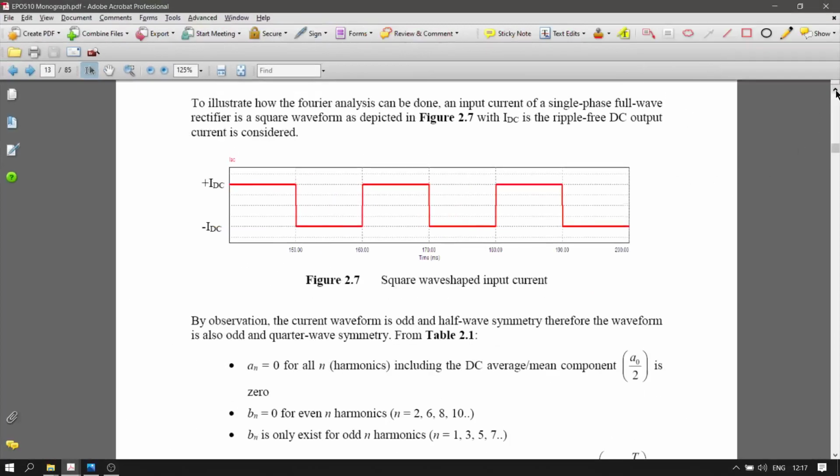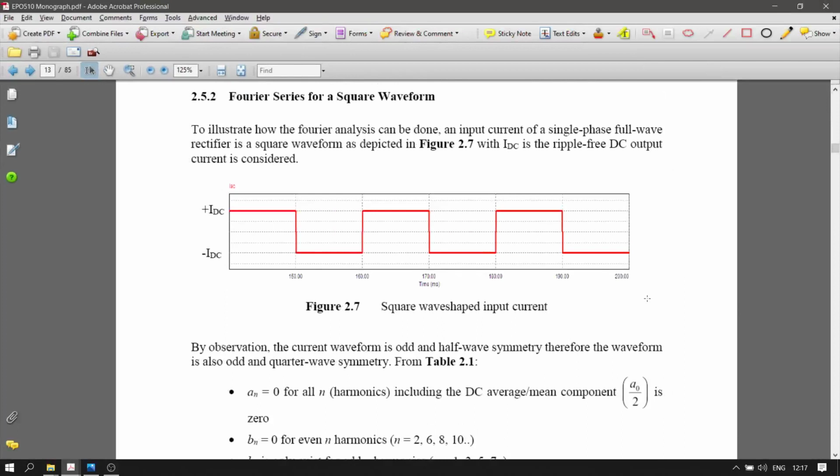I hope you already understand how to get that Fourier series from this square waveform, whereby you identify the symmetry of the waveform, and that symmetry will assist you in getting the Fourier series, right?